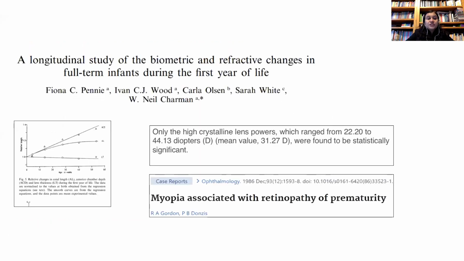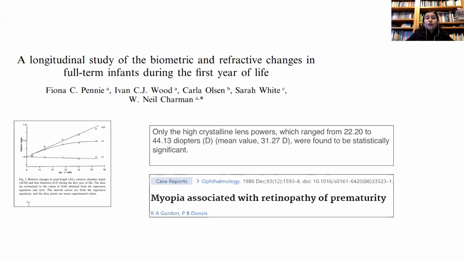In another longitudinal study of biometric and refractive changes in full-term infants during the first year of life, regression analysis showed that axial length change was curvilinear, anterior chamber depth change was linear, and there was no change in lens thickness in the first year of life.